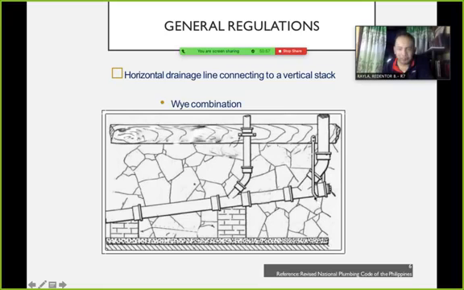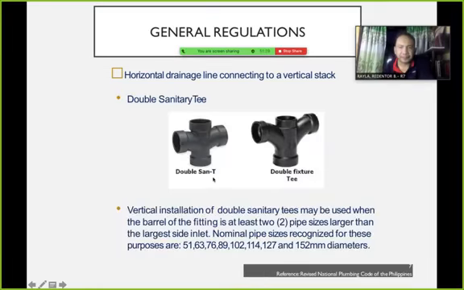Probably the drawing provides no slope, so you can easily tell that the horizontal drainage does not have a slope. It doesn't have a clean out at the rear side. So there must be a clean out. And even there's a support here.